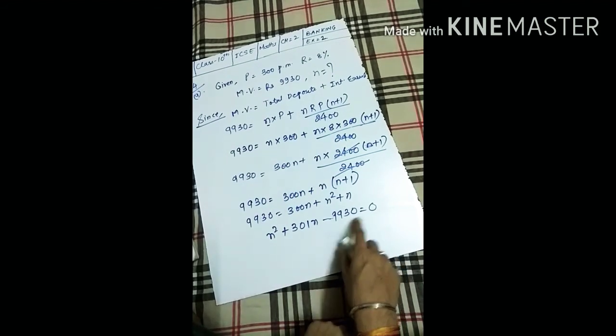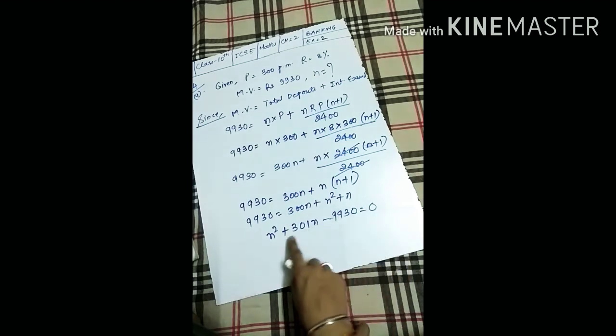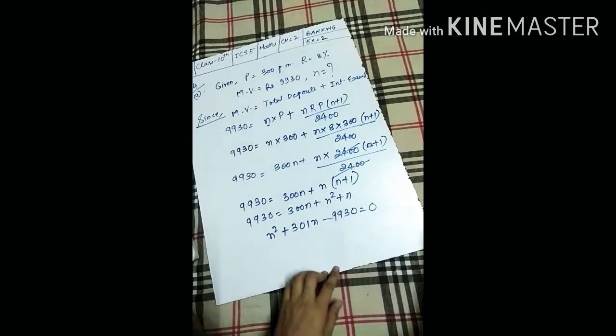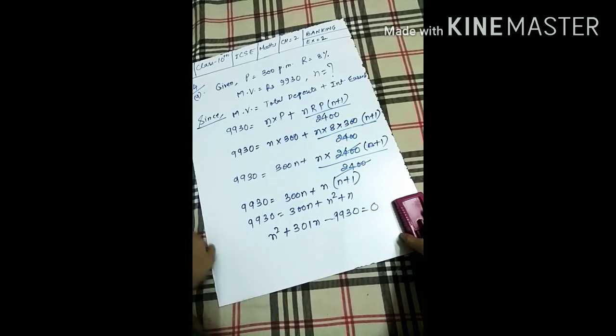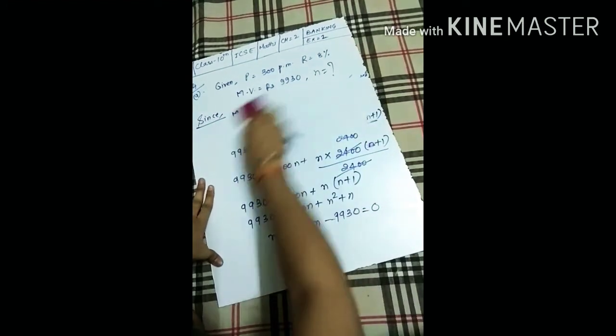What we have to do: we multiply a into c, which is 9,930, and then we find the factors of that particular number, and with those factors, on adding or subtracting, we bifurcate the middle number.